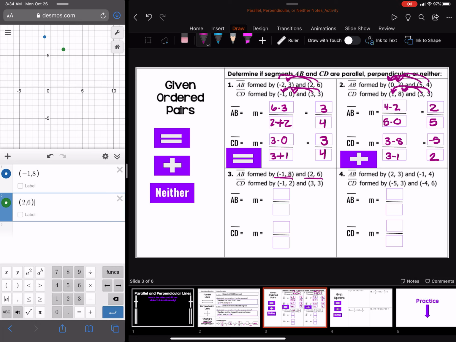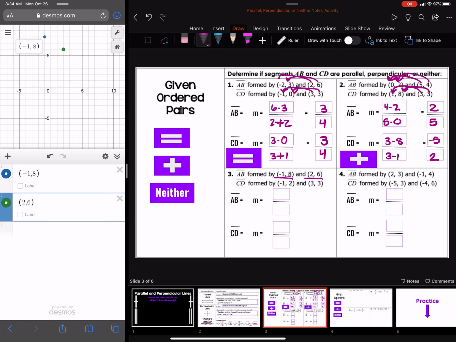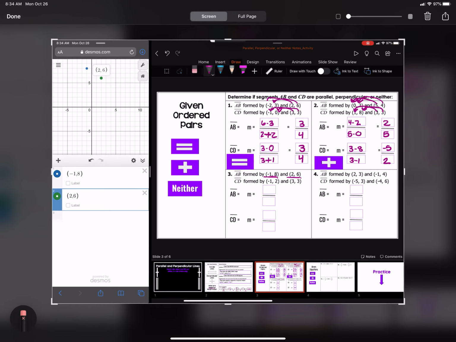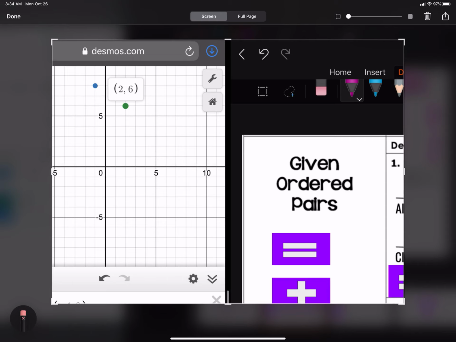I am going to find the slope here. So it looks like I'm going down, so it's negative. And I'm going down 2 over 1, 2, 3. Again, I can take a screenshot so you guys can see what I'm looking at. So here's the slope. So I go down 2, over 3.